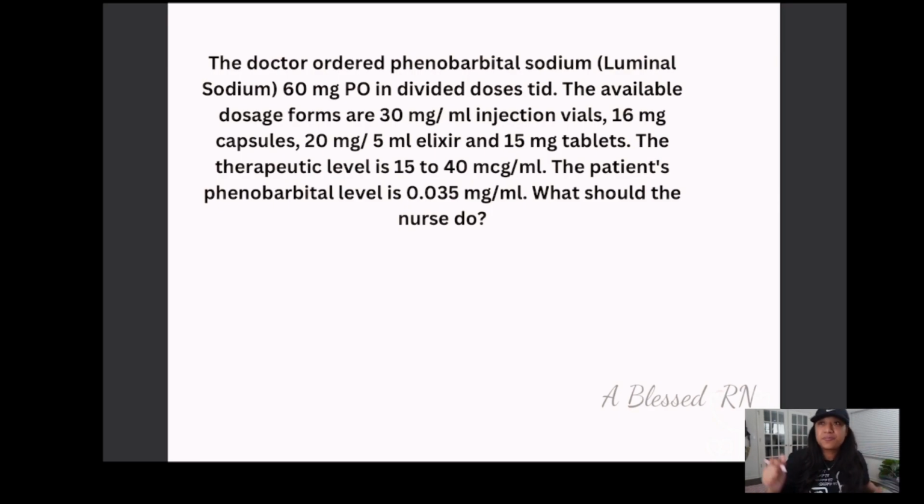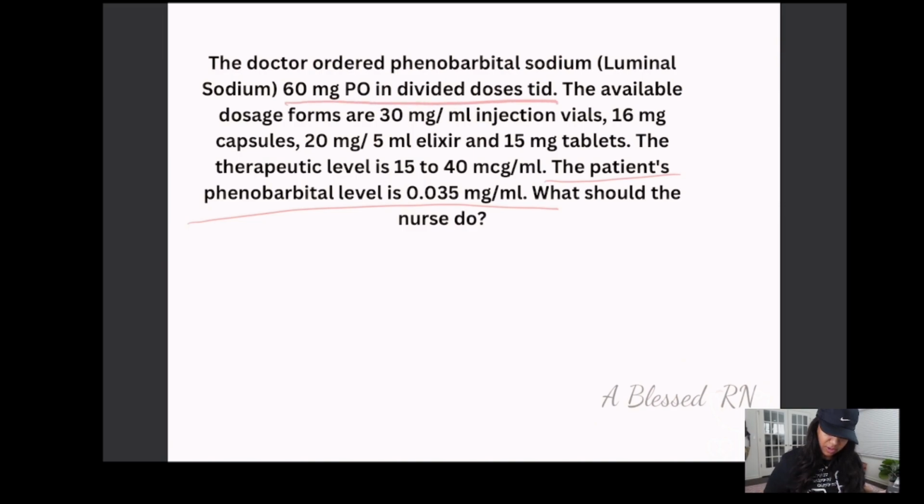Okay, so let's look at our problem. The background information: we don't have anything about the patient except that his phenobarbital level is this. And we know that the doctor is ordering this.